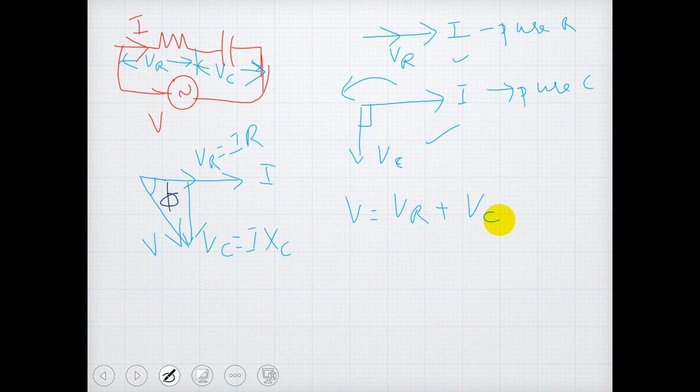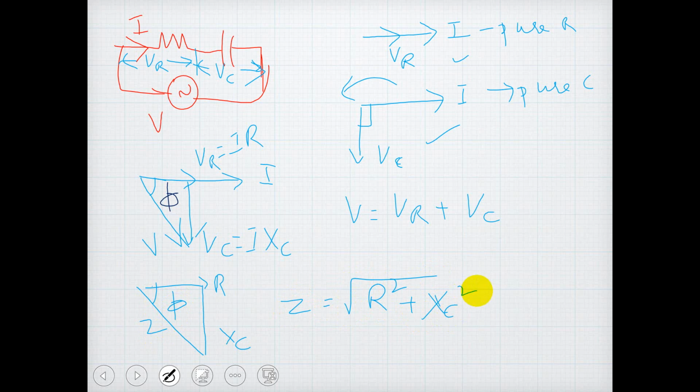Now, if you take an impedance triangle, I can draw this as R and this as XC and this as Z, and this as phi. So Z is equal to square root of R square plus XC square. And also from this triangle we can write phi is equal to tan inverse of XC by R.